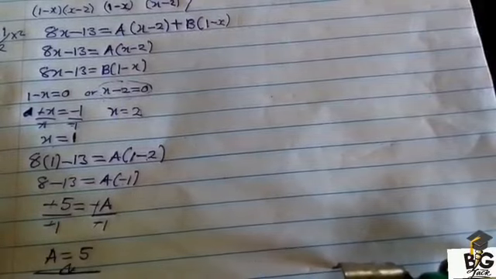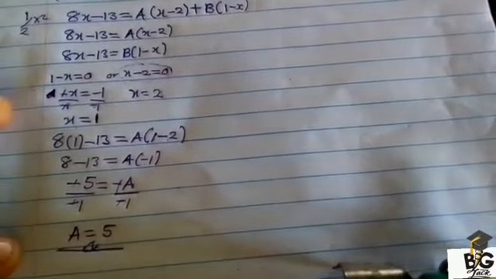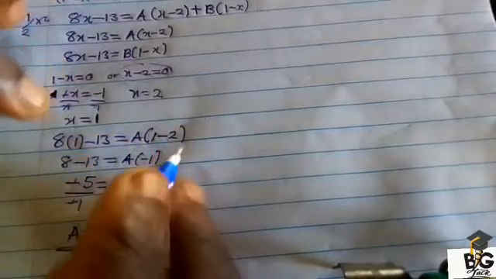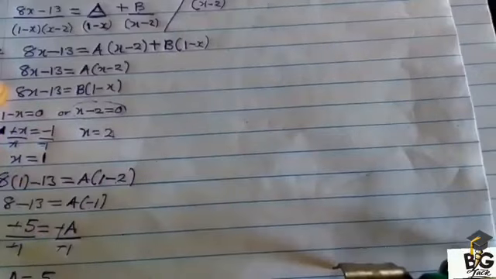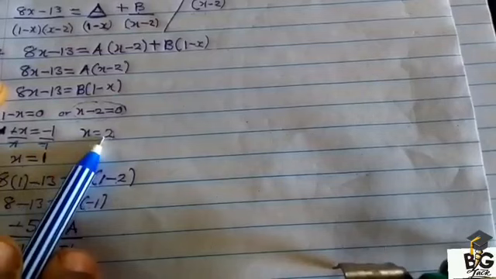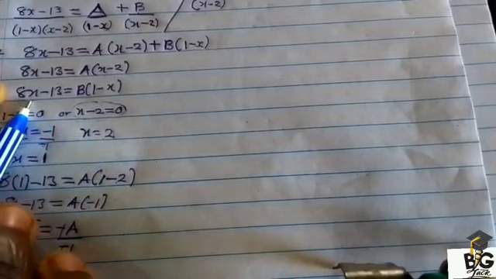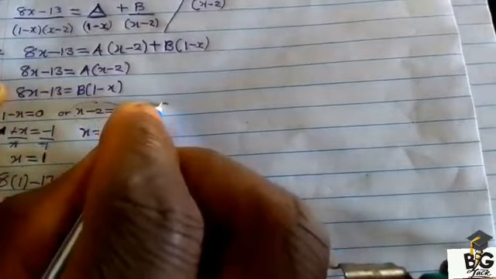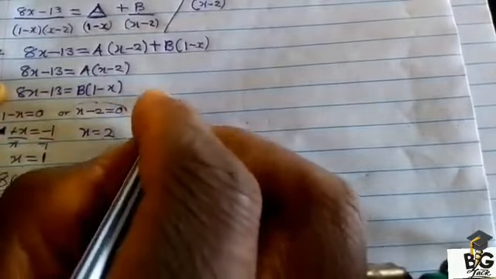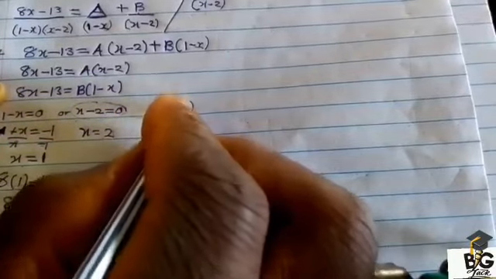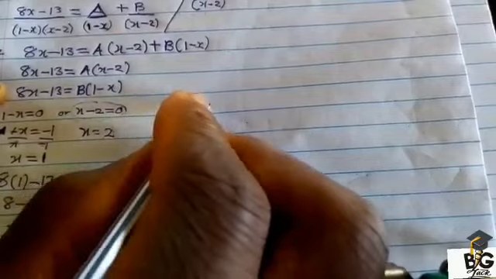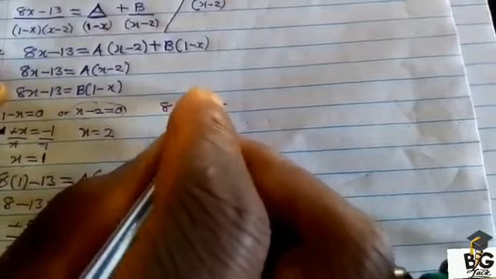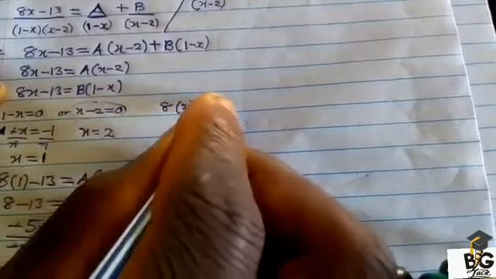Let's come to b. So as for b, since x is equal to 2, which means where there is x, I'm going to put 2. So it is 8, then open bracket, 2, close bracket, minus 13 is equal to b.